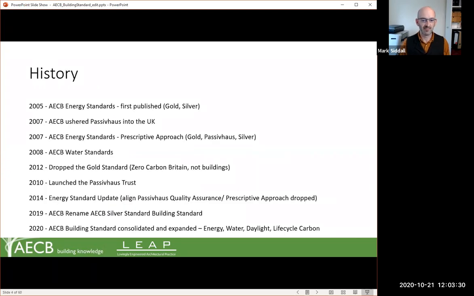Quick little bit of history. I'm not going to go into this in too much detail, but basically the AECB building standards were first developed in 2005 and were talked about as being the gold standard and silver standard.